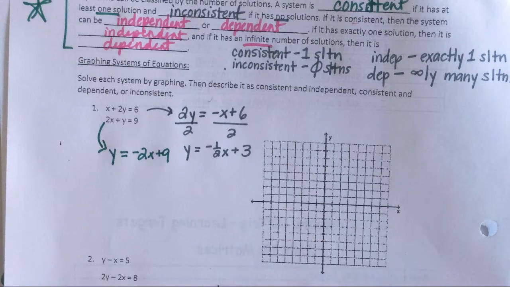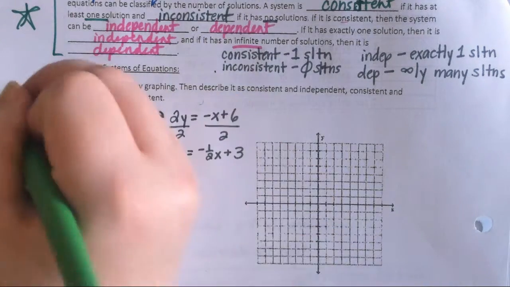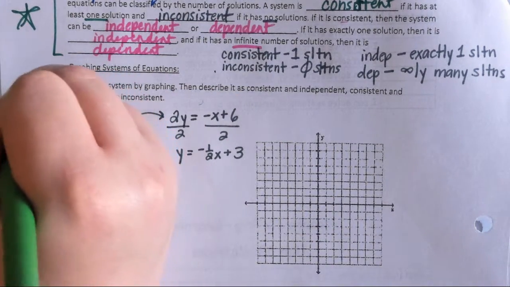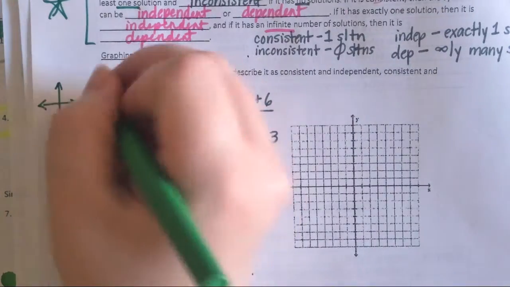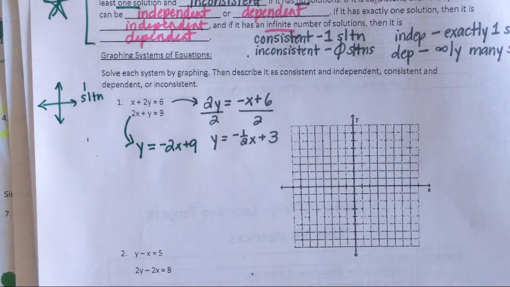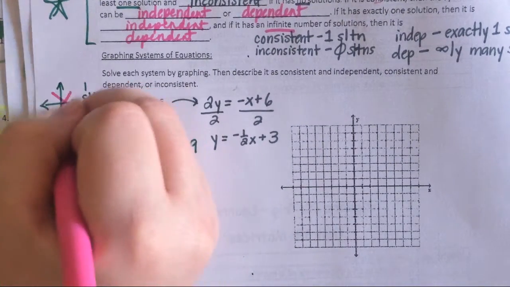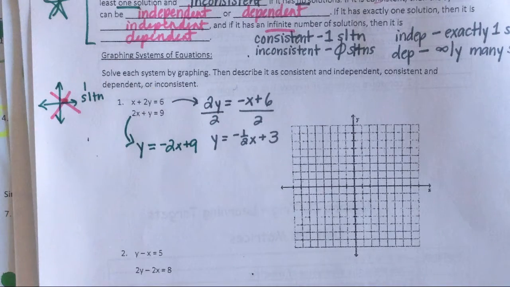So in fact, let's draw us a picture. So let's see, if this is my coordinate plane, exactly one solution is going to look like two lines crossing. So a line that crosses and X marks the spot. That point is where that one solution occurs.